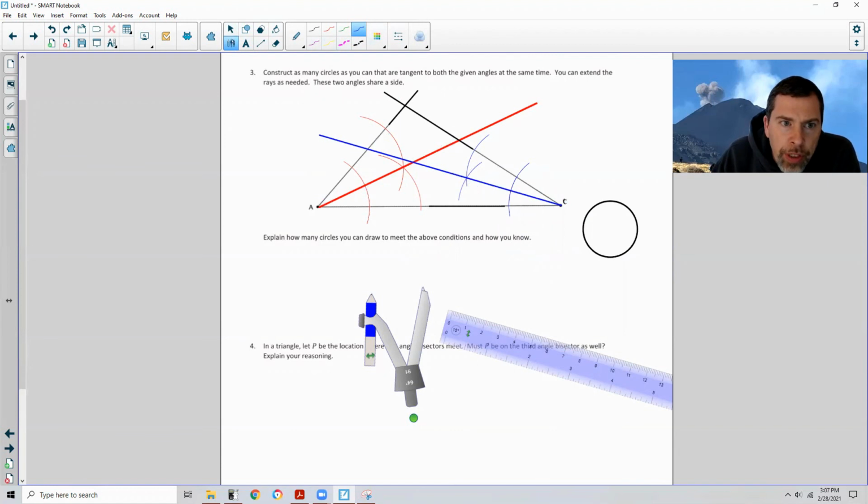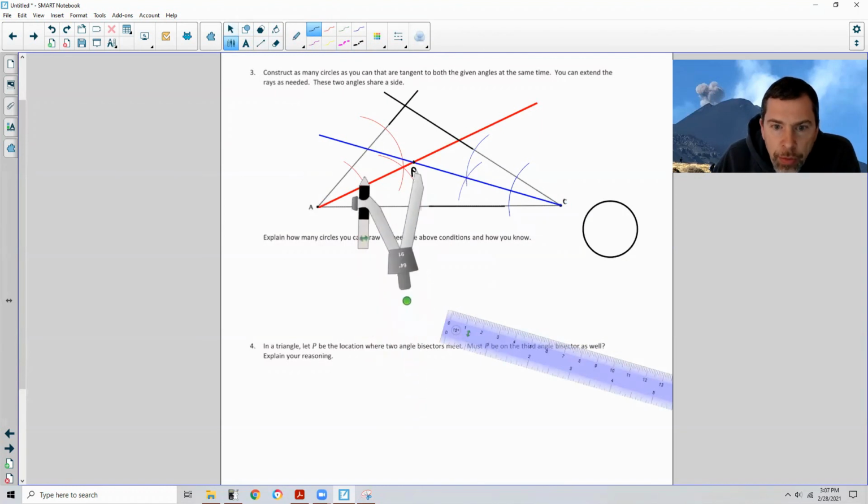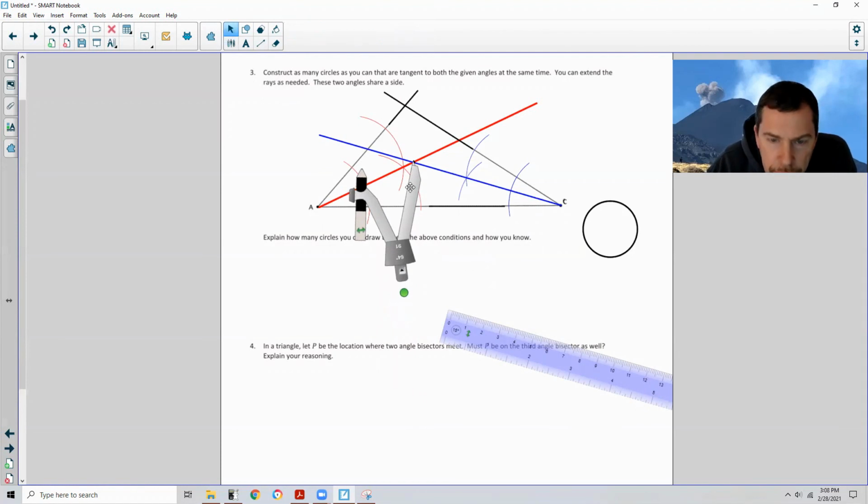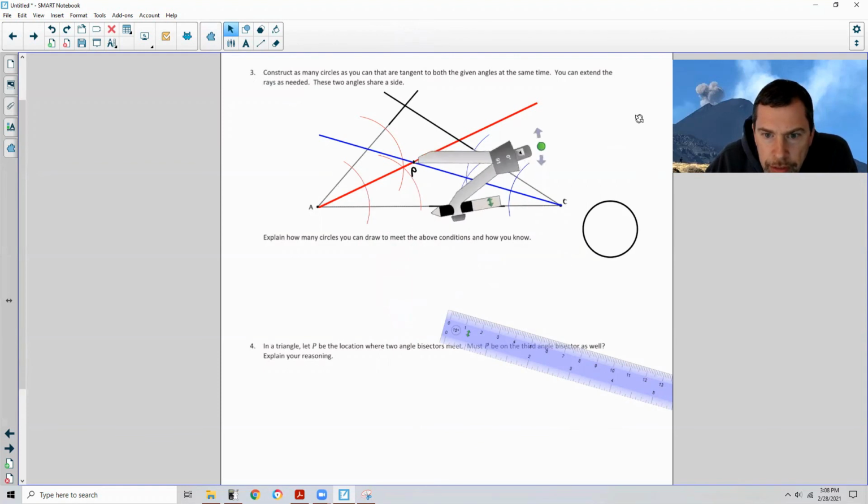the only point where I can draw a circle centered there. So now if I take my compass and put it at P, like so, rotate this around so that we are on this red line, but only stopping at there.